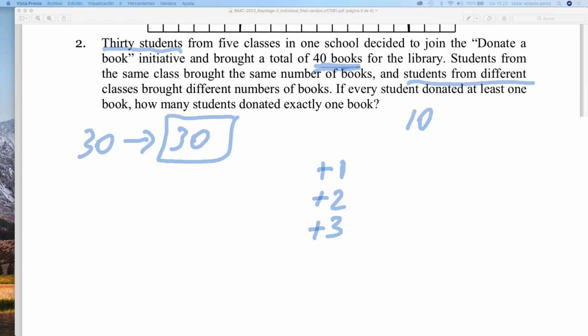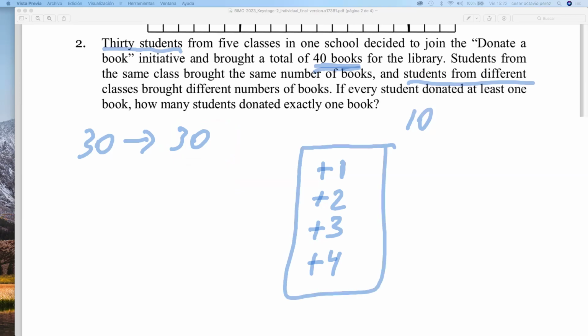Another student can donate three more books, three more than the one that we already counted here. And if one of them donates four more books, we will have those students donating more than one book. And here we have only four. So there must be 26 students that donate one book.